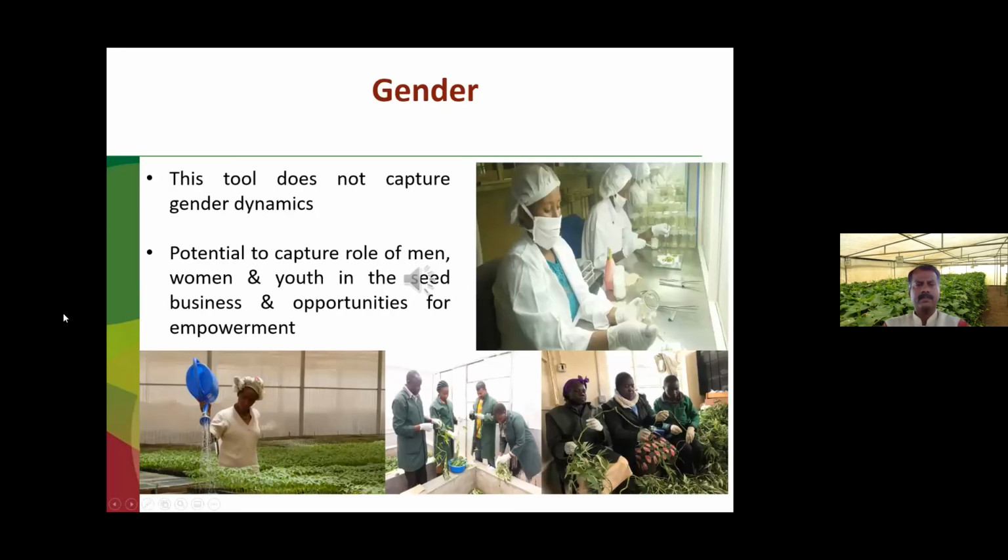As far as gender is concerned, this tool does not capture gender dynamics, but it has the potential to capture the role of men, women and youth, because during the real-time data collection, we captured the labor time and man-days of both men and women, and also the people who worked in EGS production, and we also have their age.